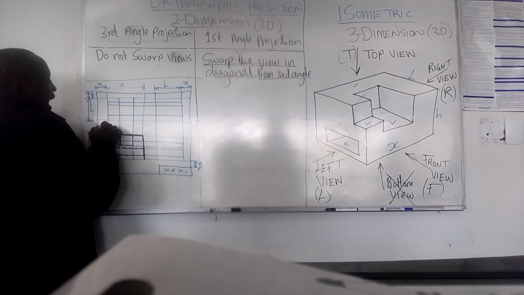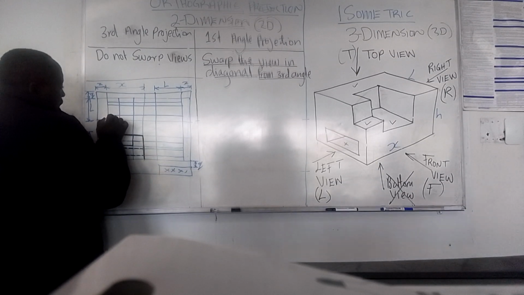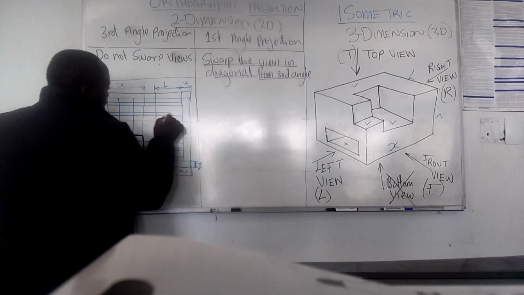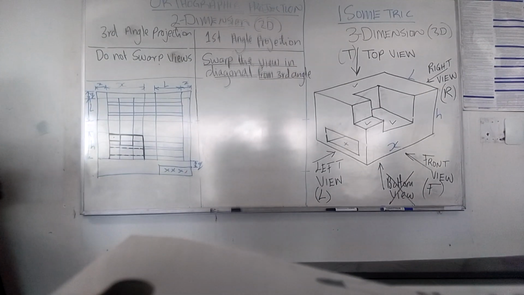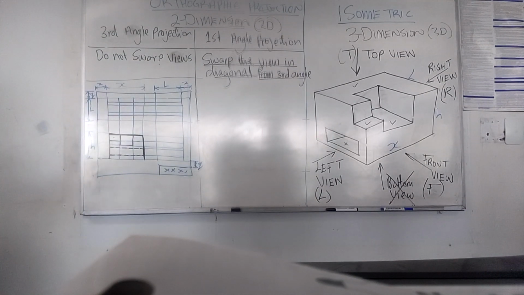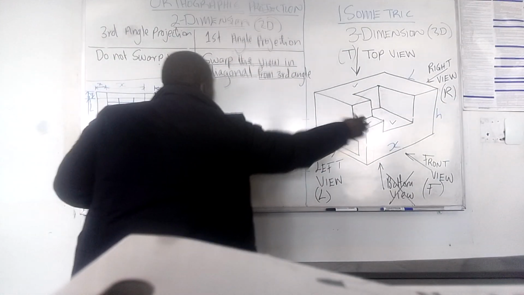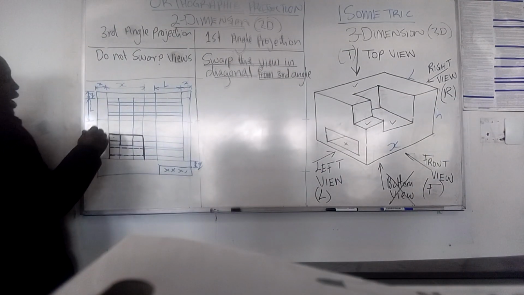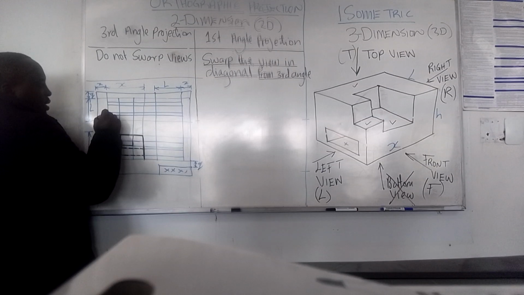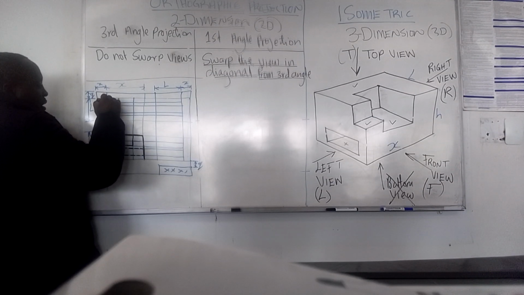My hand is free. Let's do that. Okay? So I need to outline the top view. This face here. It is where? It is here. So the boundary is the same size, ne? The boundary is complete.